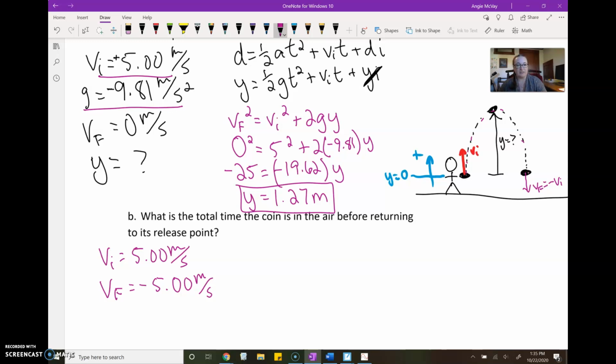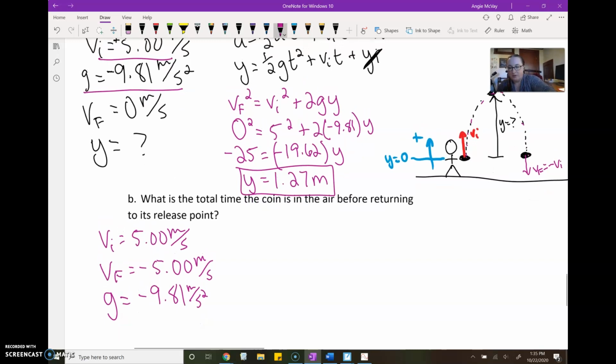We're always interested in how fast is the object going the nanosecond before the ground stops it or before the person catches it. And so we're going to have the final velocity as 5 meters per second. Okay. The acceleration is due to gravity, which is negative 9.81 meters per second squared. And we're looking for time.